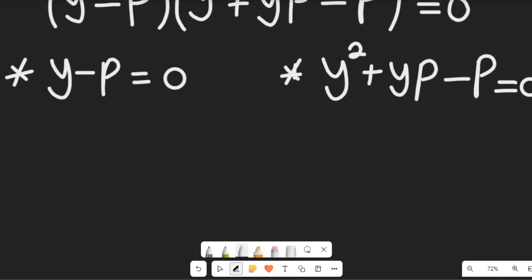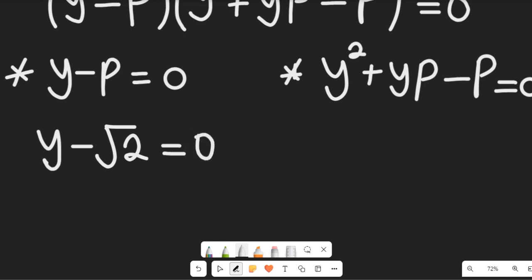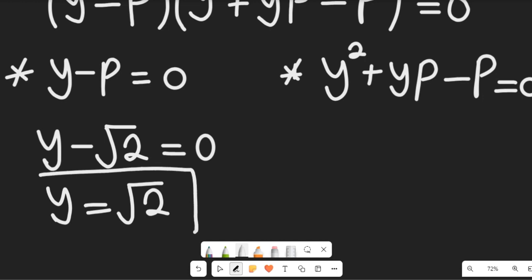If we replace that, we're going to have y minus square root of 2 equal to 0. So from there, we can see that the value of our y is equal to the square root of 2. And that's the first solution to y.